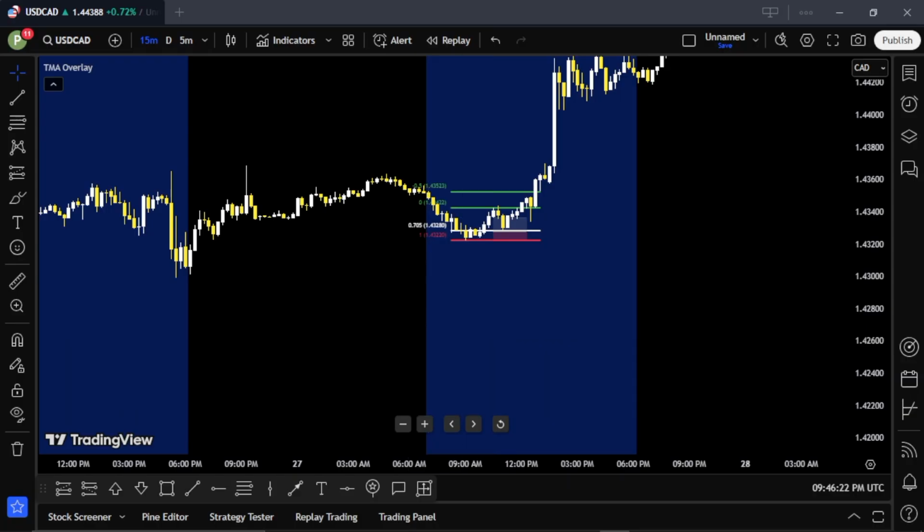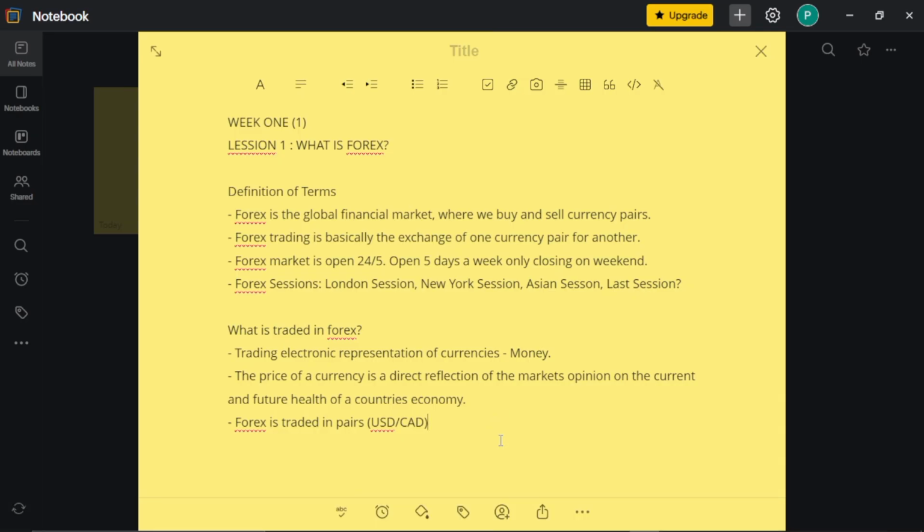Okay, so next up, we've discussed what we trade. So basically, let me write it down. We trade money in form of what? In form of currencies. We're going to be looking at what currencies we're talking about.